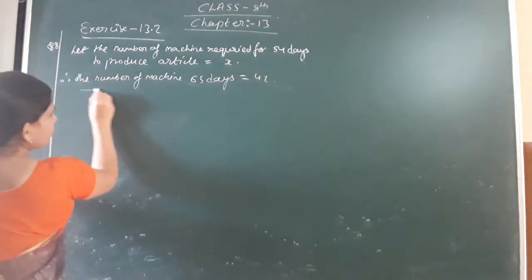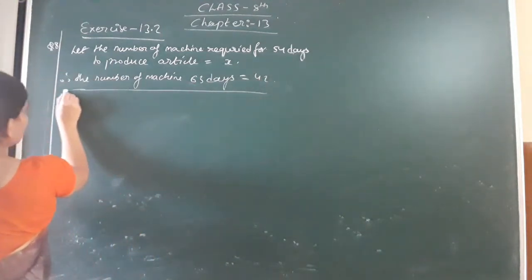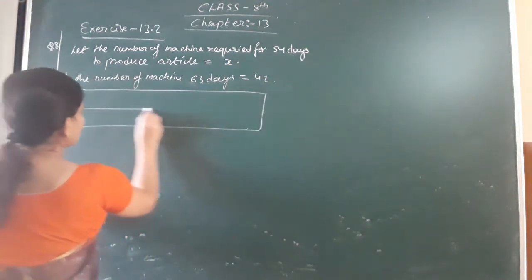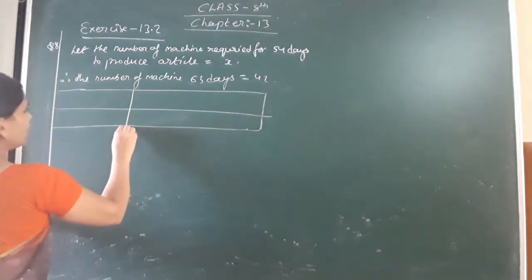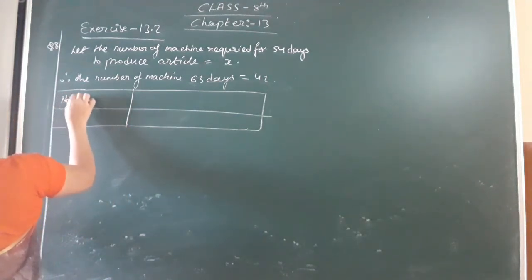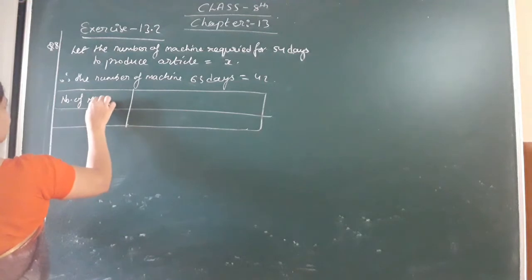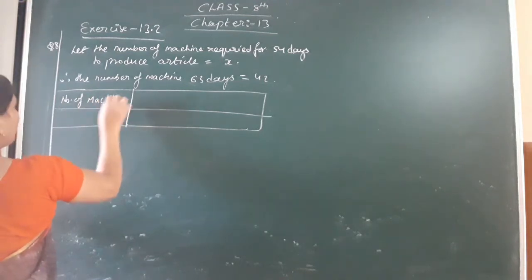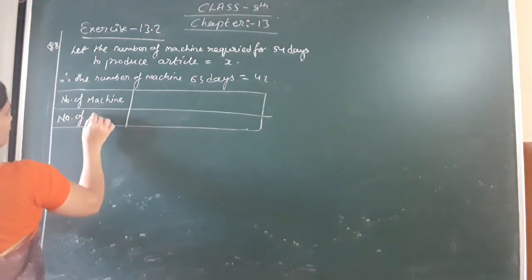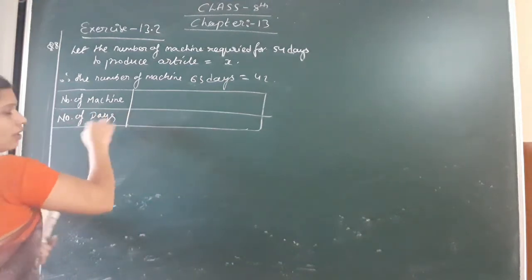So as it is inverse proportion, we are going to form a table for that. First we are going to write number of machines required, and in the second column we are going to write number of days. Clear to everyone?